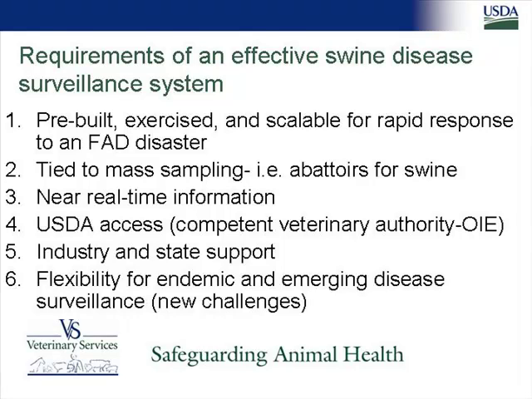USDA access to it, industry and state support, and flexibility for endemic and emerging disease surveillance, so able to address new challenges. That is, I think, a description of the gold standard of what we would all aspire to get to. We may have some bumps in the road on the way, but that's definitely what we look at as the gold standard.